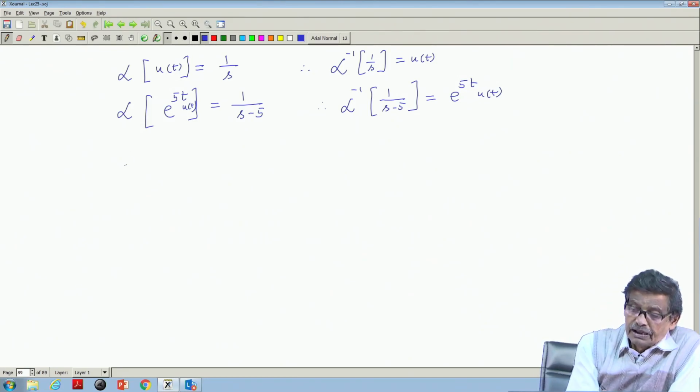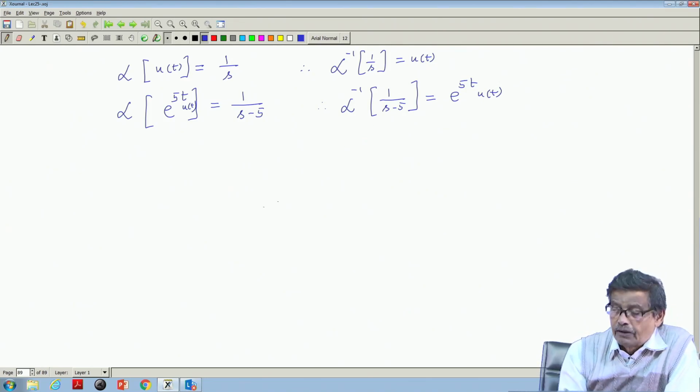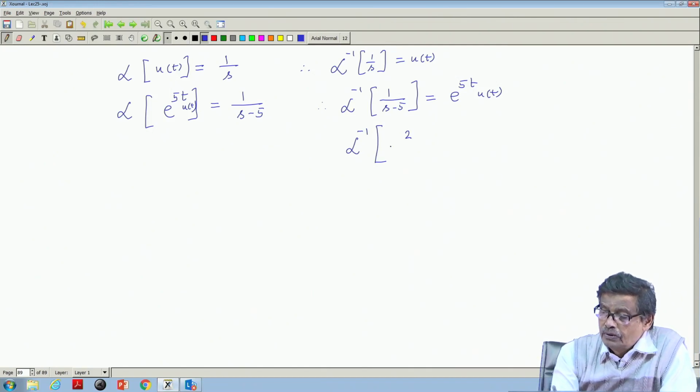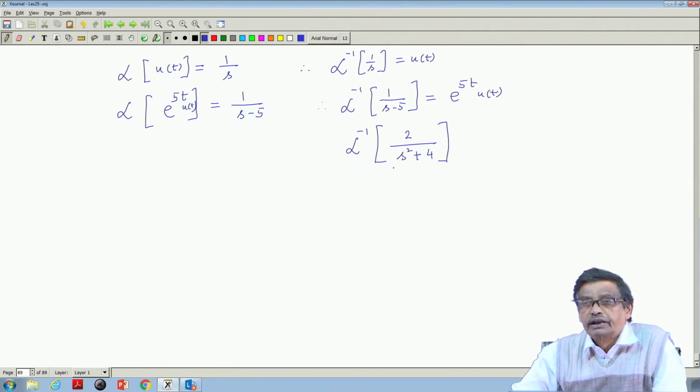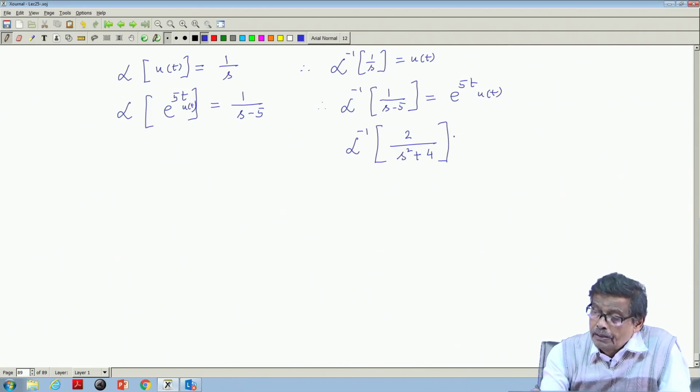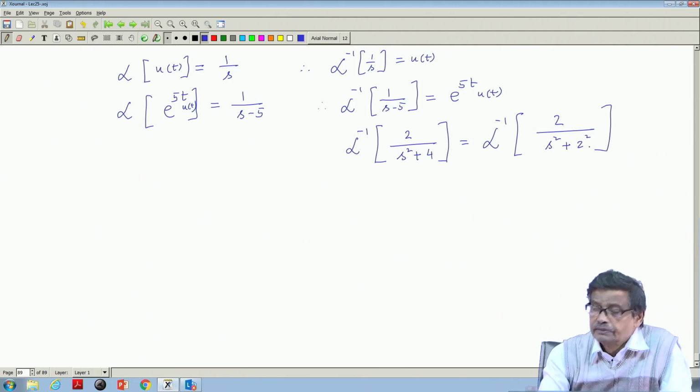Got the point. Similarly, consider the Laplace inverse of, for example, 2 by s square plus 4. Suppose I have been asked to find the Laplace inverse of this. This s square plus 4 means Laplace inverse of 2 by s square plus 2 square, is that not so?